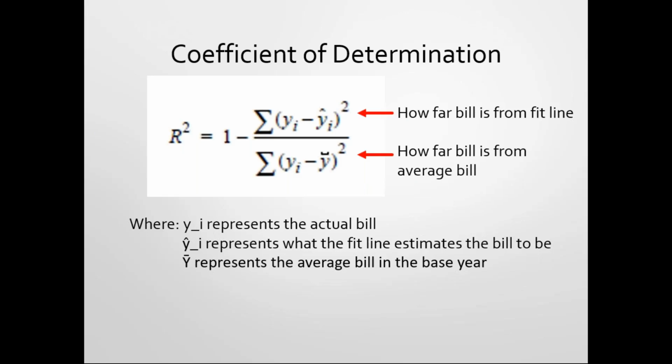So Yi is the bill, and Y hat is what the fit line thinks the bill is. So the difference there is how far the bill is from the fit line. And then at the bottom, what we're looking at is how far the bill is from the average bill.